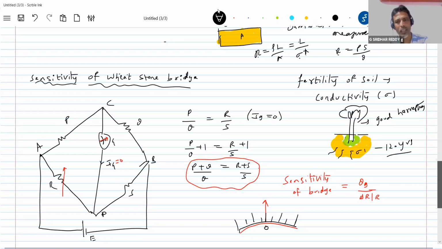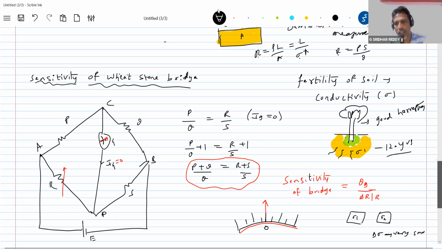Then, sir, what is the use of this? Even for a small change in R, I should be able to notice it. Why do we need this? Definitely I'll get two types of soils where the conductivity differs very slightly; the delta sigma is very small.